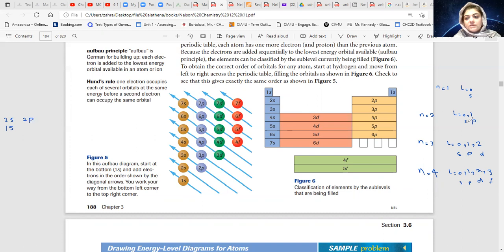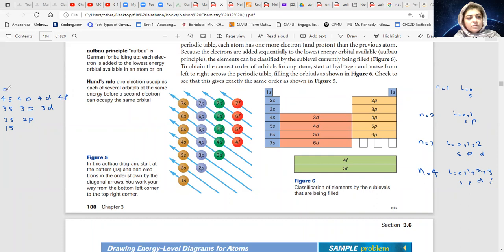In the third energy level, you have s, p, and d. In the fourth energy level, you have s, p, d, and f.